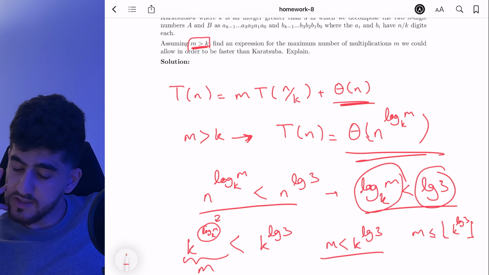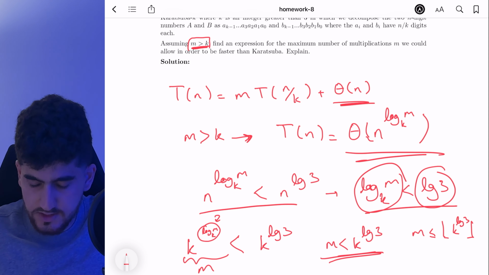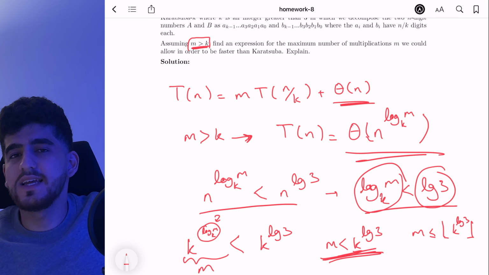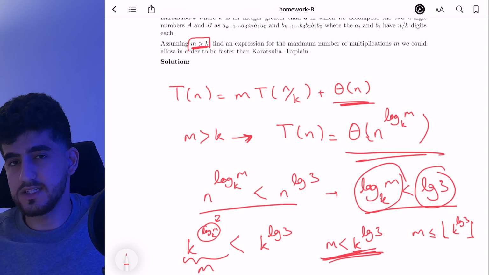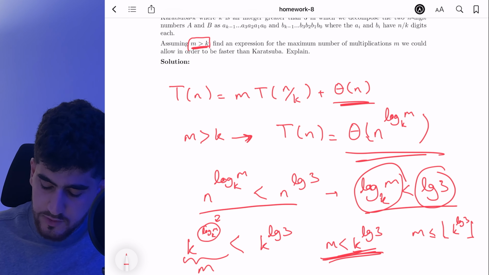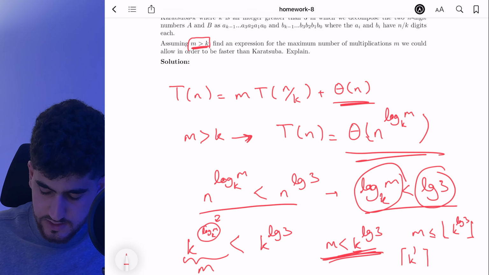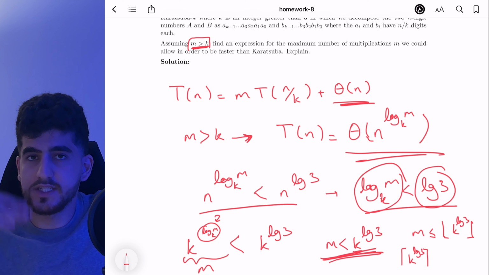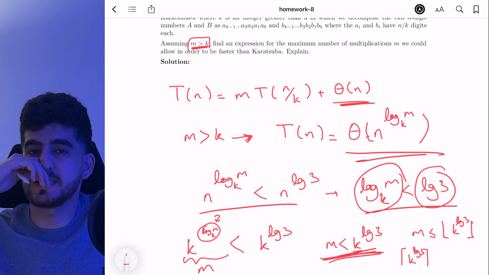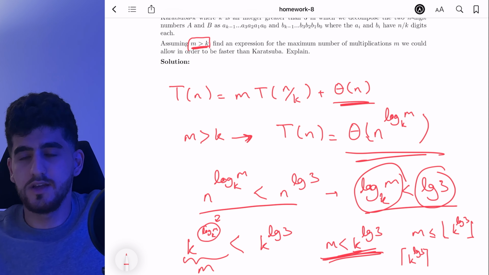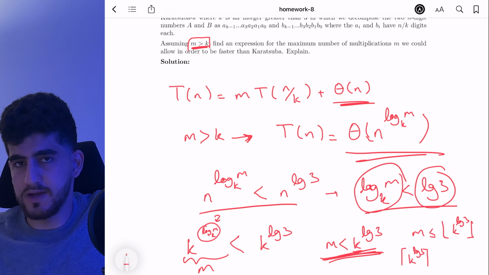But here we want the greatest integer less than this. When you want the greatest integer less than something, you have to consider the ceiling of that number, which is the first number greater than or equal to this, the first number which is bad.